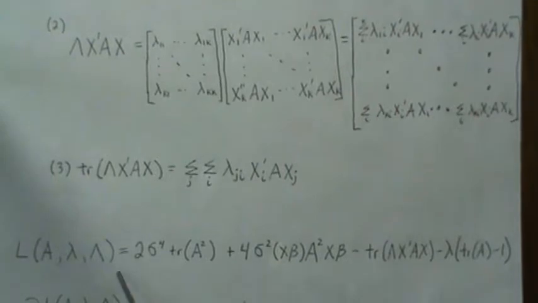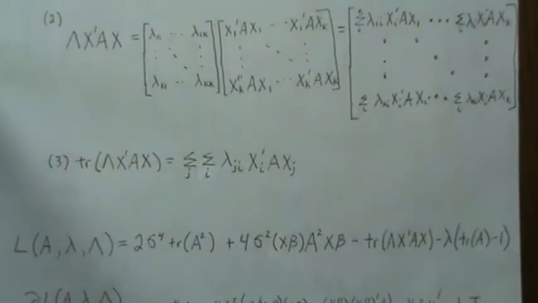So now when we set up our Lagrange equation, this is the variance we want to minimize, and then we have to subtract out the two conditions. So this piece here has to be 0, which is the same as that trace of that has to be there, and then the trace of that has to be 1, so you subtract 1 and multiply it over.